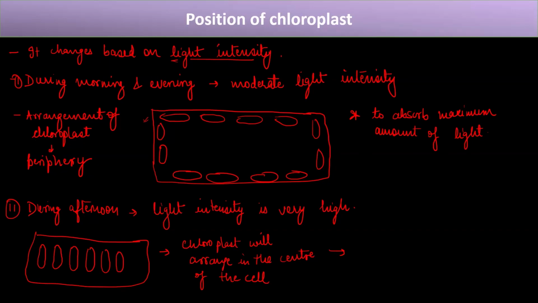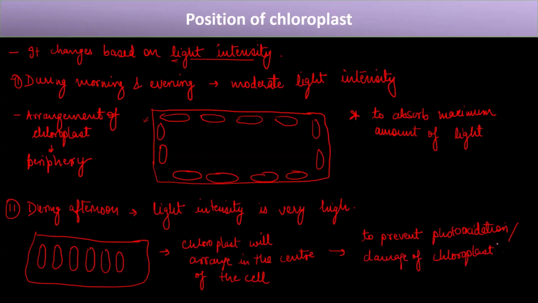Because of very high intensity, oxidative radicals form that can damage the chloroplast. So this arrangement is to prevent photooxidation, or in simple terms, to prevent damage of the chloroplast.